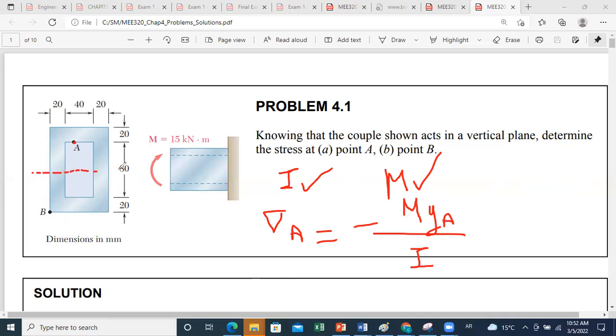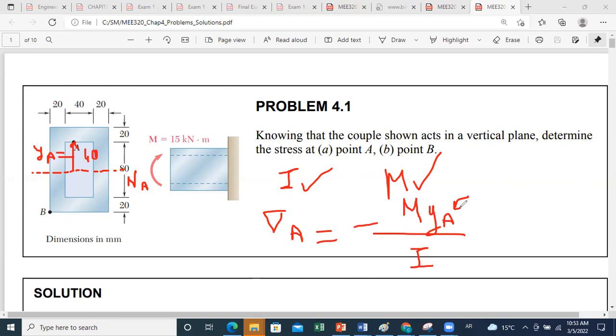So this is our neutral axis. This is Y of A. Y of A is positive because the Y axis is upward. So we have that Y of A is equal to 80 over 2, which is 40. We just have to replace Y of A.